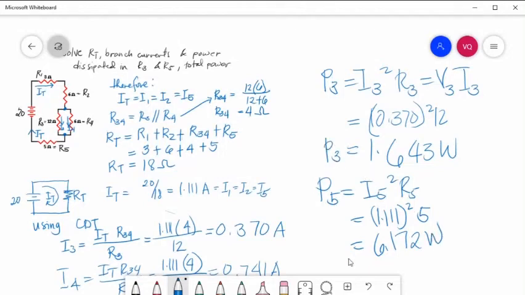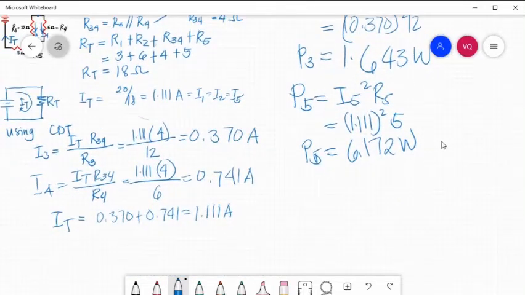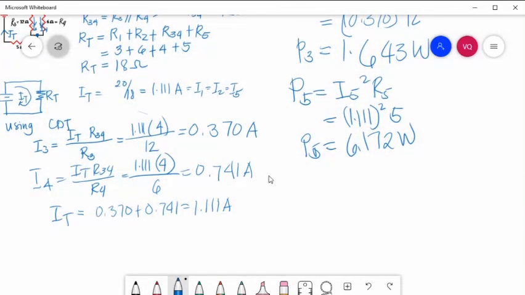So, last is your total power. So, total power is just also the product of total current and total resistance, or total voltage times total current.